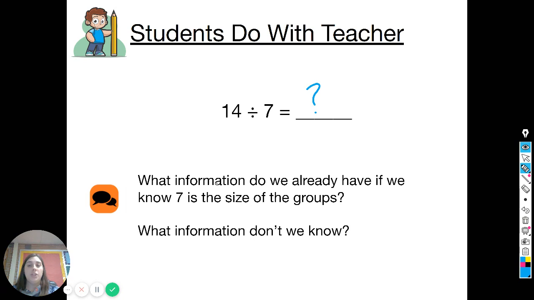What information do we already have if we know 7 is the size of the groups? Okay, so we know we have 14. We know we have 7, and they're saying 7 is the size of the group.